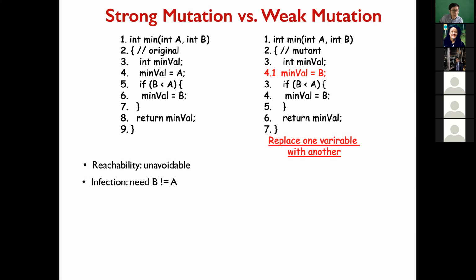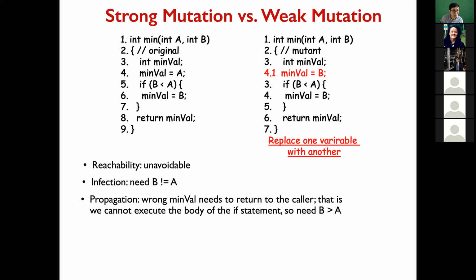For infection, we want to change the state of the program. If B is not equal to A, then it's infected. But if B is equal to A, the state of the program doesn't change, because minValue = A equals minValue = B if A equals B. So if B is not equal to A, then the state is changed.